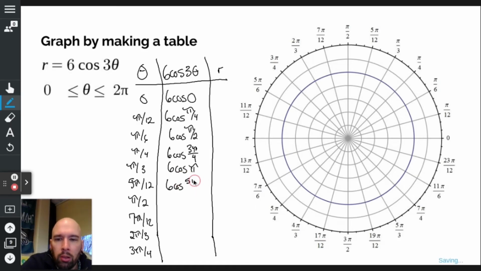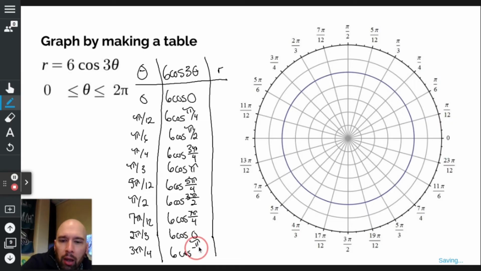I don't know why that took me so long. Maybe it's because it's 6:50 a.m. 6 cos 3 pi over 2. Almost there. 6 cos 7 pi over 4. 6 cos 2 pi, so 0. Now we start repeating. This will be the same thing as 6 cos pi over 4.